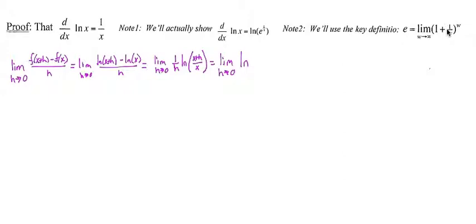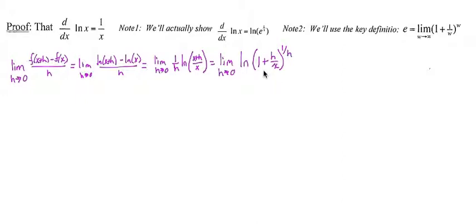So this is going to be the natural log of x plus h all over h. And actually, let me rewrite this while I'm here. So this is going to be x divided by x plus h divided by x. So let me write that instead, which would be 1 plus h over x, and then all of that is going to be raised to the 1 over h power.